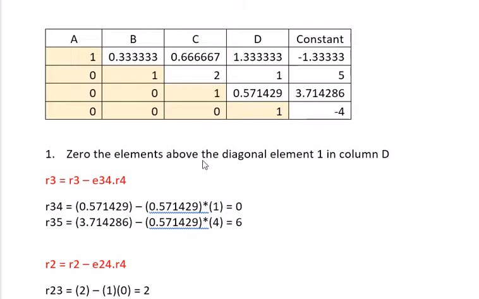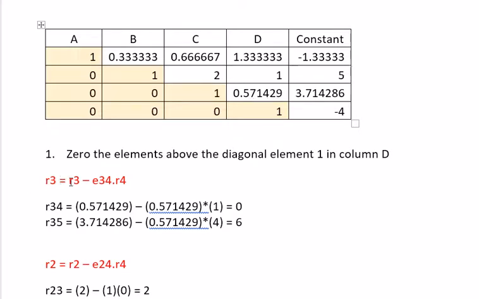So our first step is to zero in the elements above the diagonal element 1 in column D. And how do we do that? So we have here the formula. We will be starting from the bottom to the top. This element is in the third row, fourth column, and we need to make this into 0.